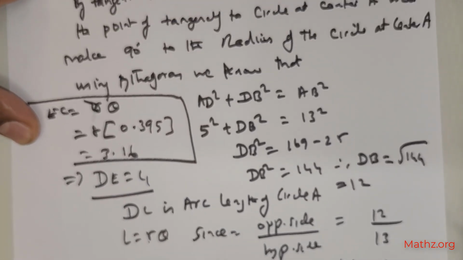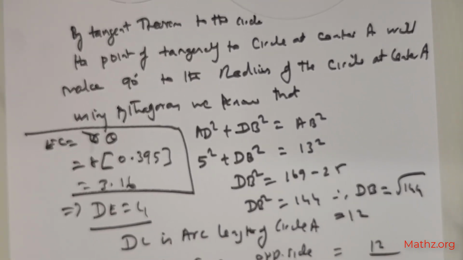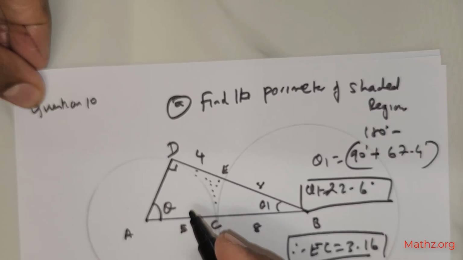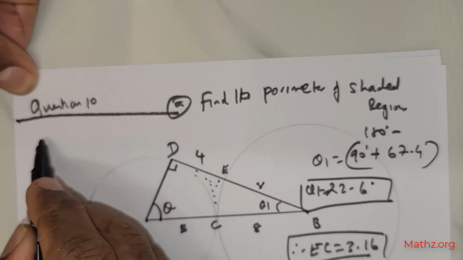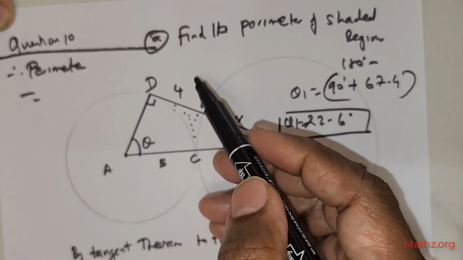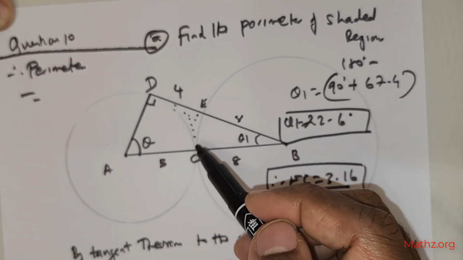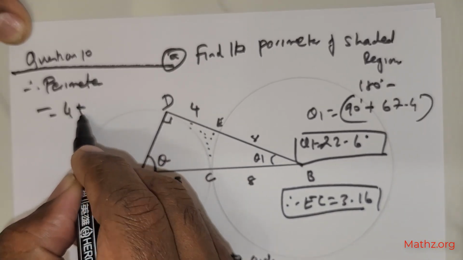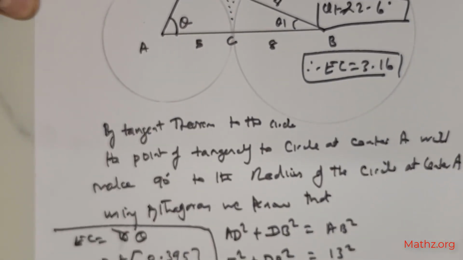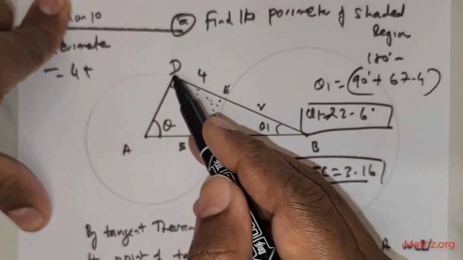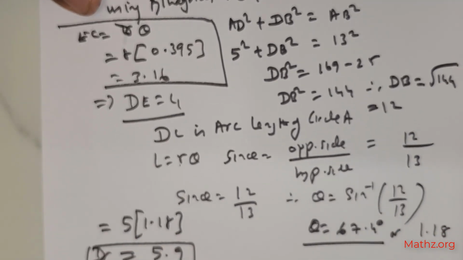Now the total perimeter. So what is the total perimeter? I want to utilize this space and finish it off. Therefore perimeter is equal to DE. DE is 4 units, plus DC. DC is what? This region. I calculated this region is 5.9.